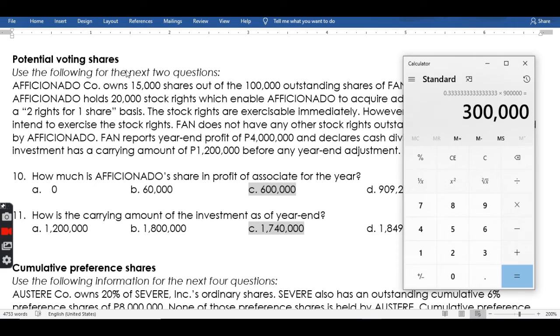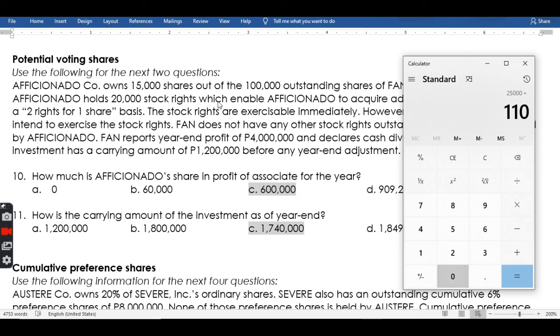So, when we use these 20,000 stock rights divided by 2, we will have an additional 10,000 shares. This 10,000 plus our original 15,000 gives us 25,000 shares out of, no longer 100,000, because what we acquire is added to the denominator, so it becomes 110,000 shares.